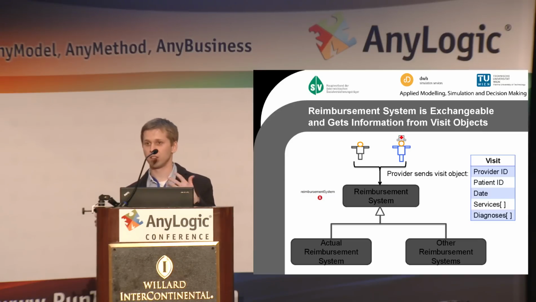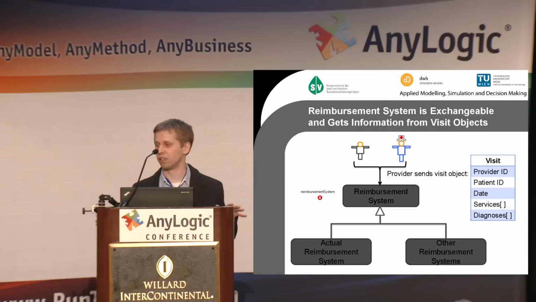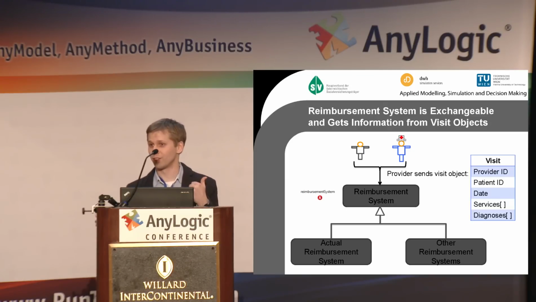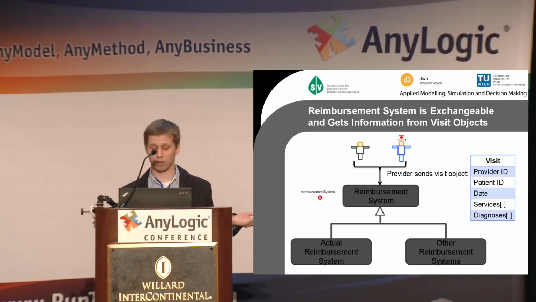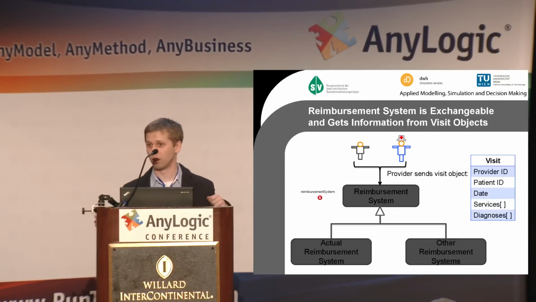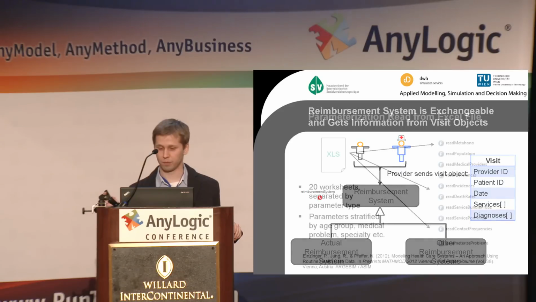A single service system calculates the reimbursement because of the single services, of course. A capitation-based system that is disease-dependent would calculate the reimbursement because of the diagnosis. So if you want to use another reimbursement system, just implement one and then change the reimbursement system in the model.